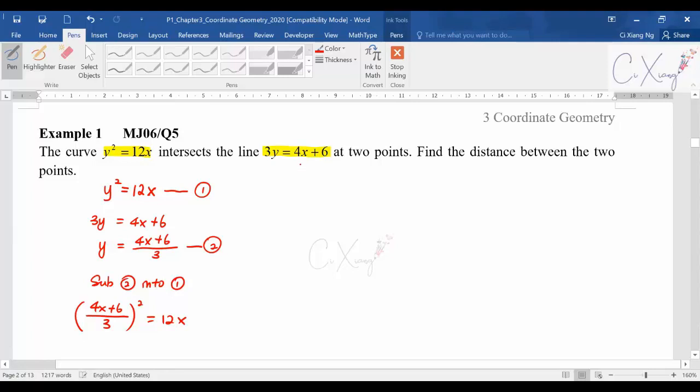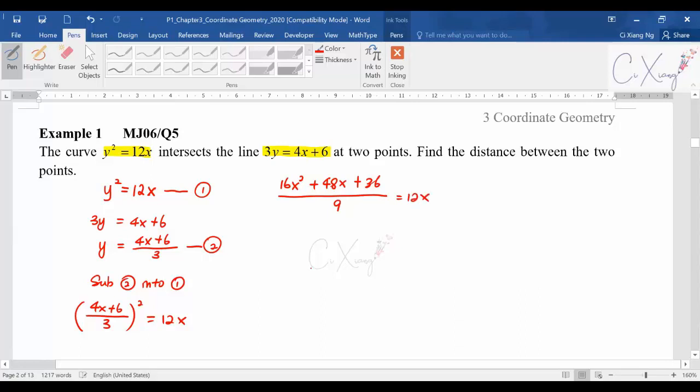Okay, so you can try to expand everything if you want. If you expand everything, then you have 4 squared is 16, 16x squared plus 48x plus 36, then divided by 9 equals 12x.